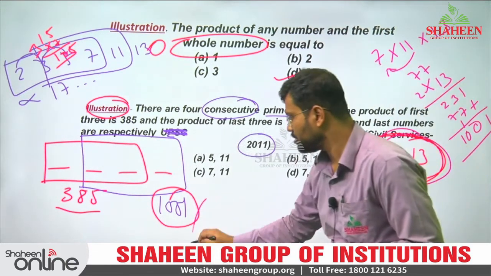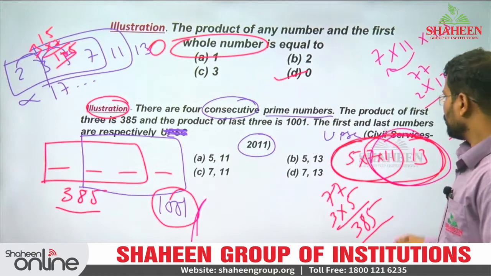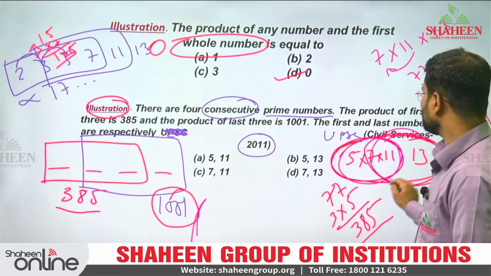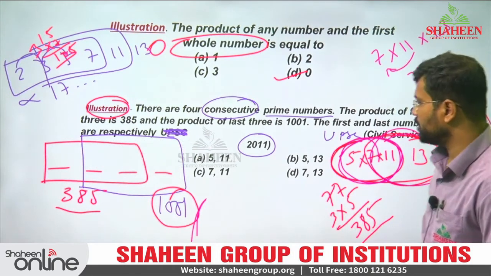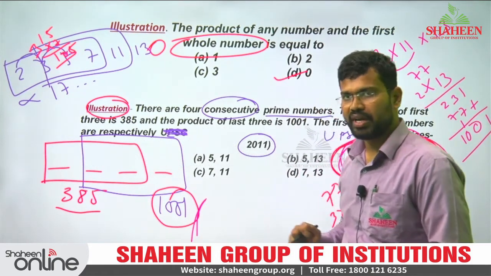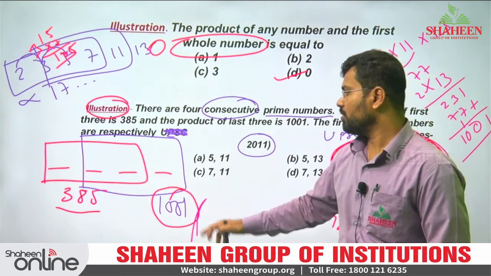Yes, of course. So the product of first three consecutive prime numbers is 385, and the product of last three consecutive numbers is 1001.